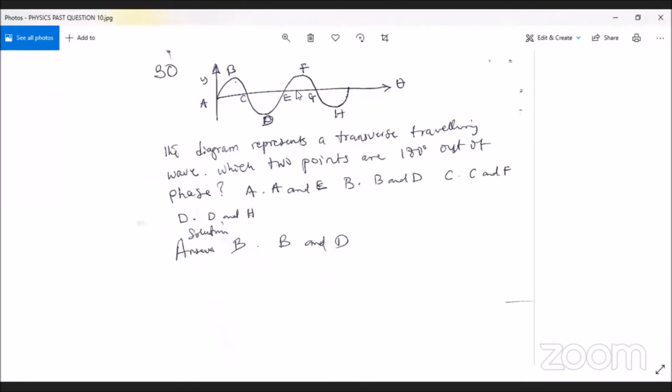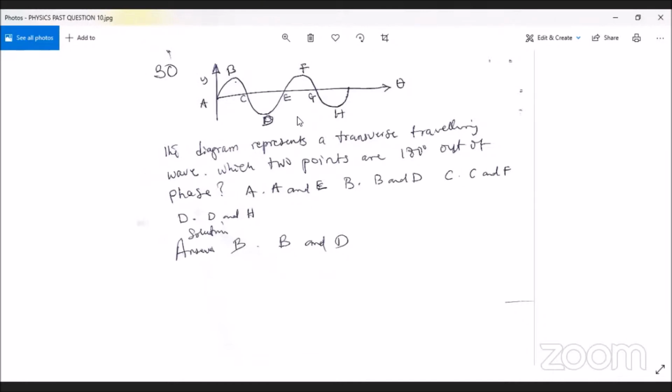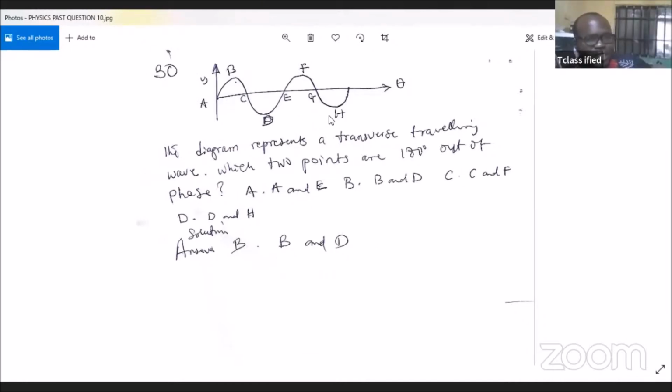So why are A and E not the answer? Sir, why are A and E not the answer? That's what I'm explaining to you now. You can see D and H, they are on similar positions, just like A and E. If you check the past question, they gave A and E as the answer, but they are wrong. Can you see the positions of D and H?